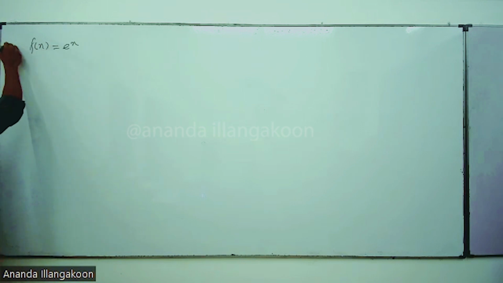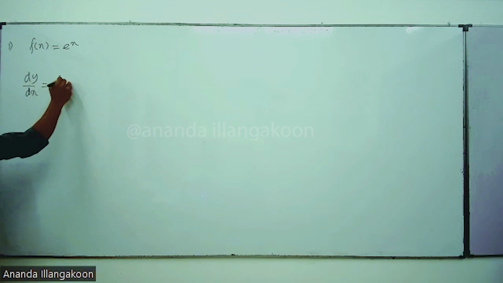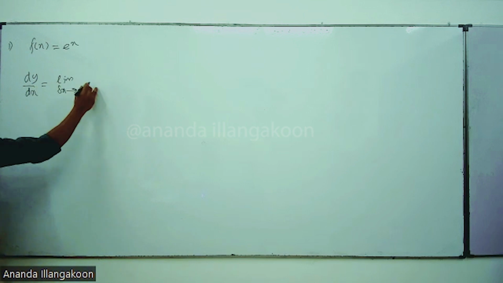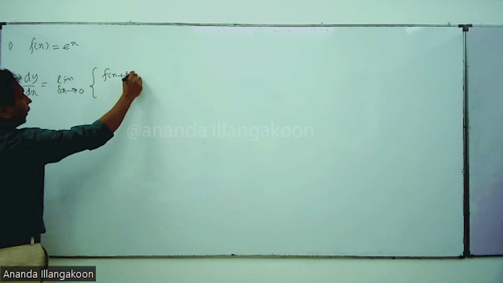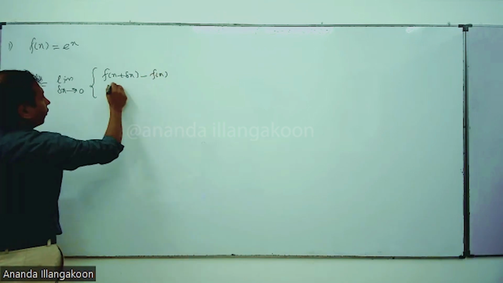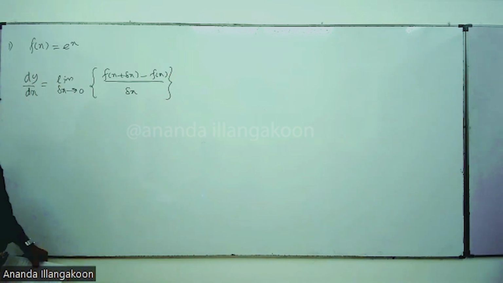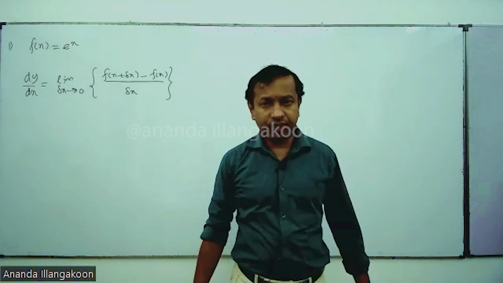Right. So what is the definition? dy by dx equals limit delta x going to 0 of f(x plus delta x) minus f(x) divided by delta x. This is the definition of dy by dx. You can start directly from this definition. Okay.